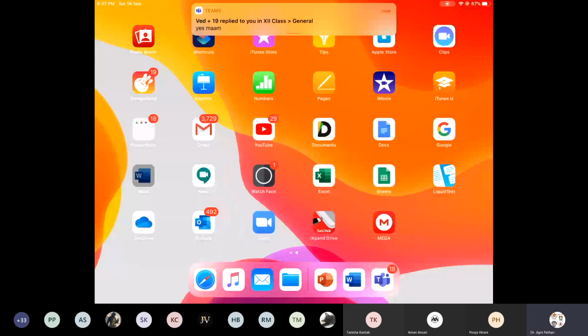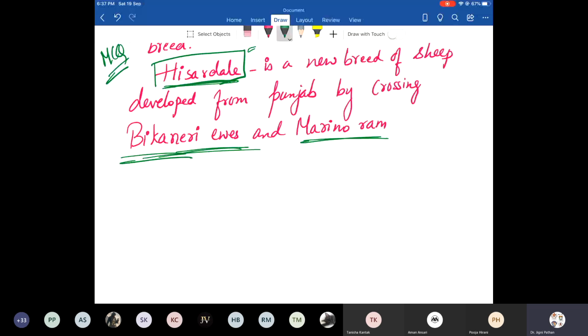Okay, next. Next is interspecific hybridization. Very, very important again. Many times this question or that question will come for you from this chapter. This is all a direct question. You cannot think of losing or getting negative marks here.